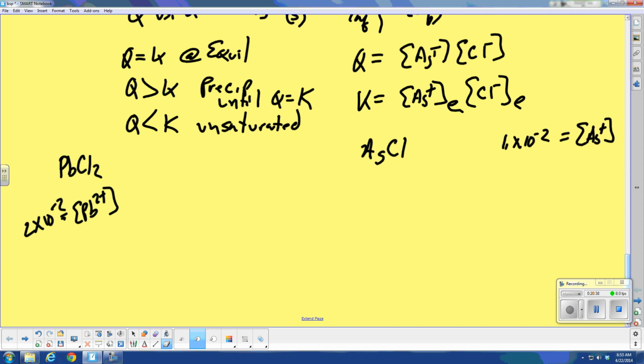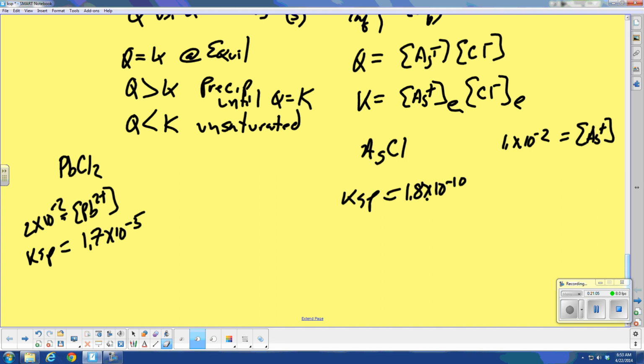So what we're going to do is write the KSPs. We need to know some KSPs. My KSP for lead 2 chloride is 1.7 times 10 to the minus fifth, and my KSP for my silver chloride is 1.8 times 10 to the minus 10th.